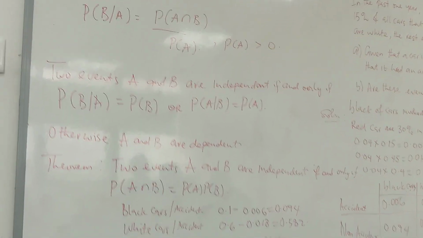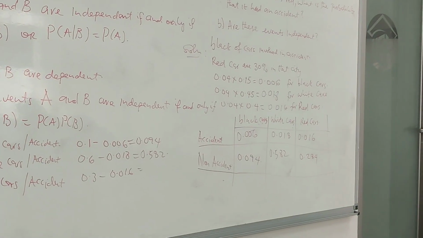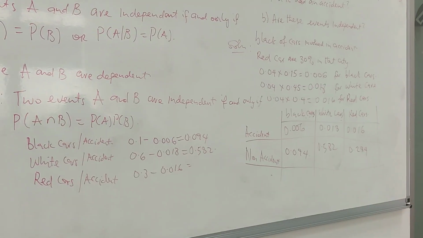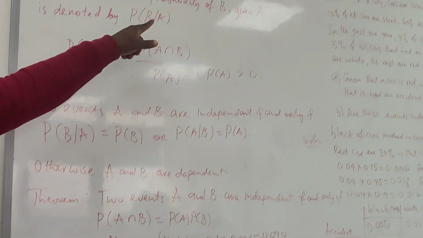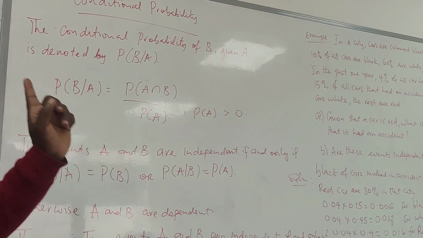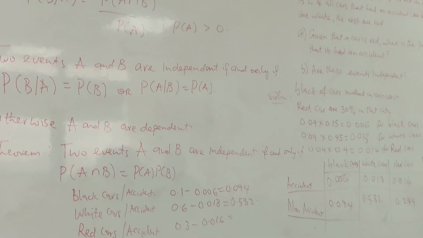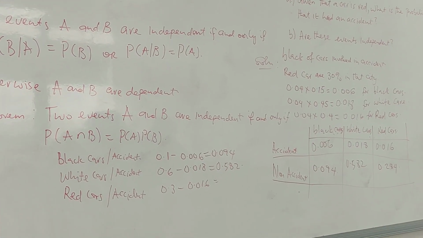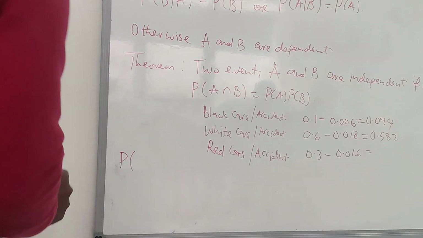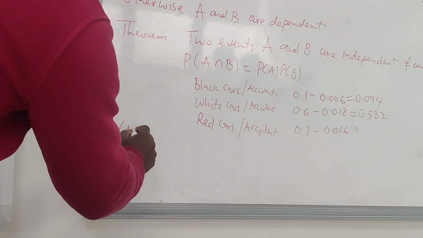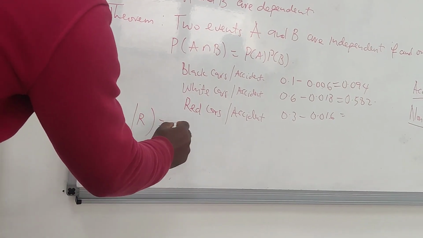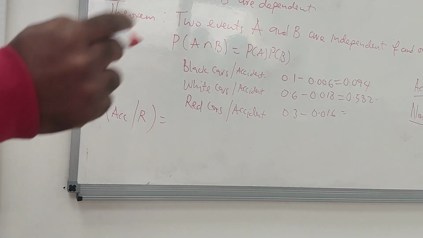Don't forget, this is the probability of A given B. Probability of the car having an accident given that it is red, we are using this formula.